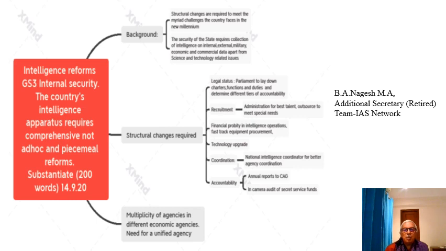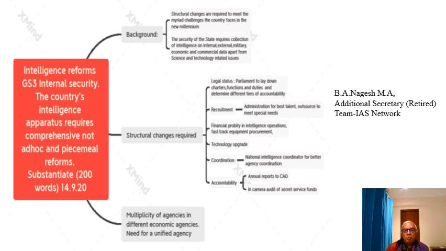Then what else is there? What other factor is to be elaborated in the answer? The security of the state requires collection of intelligence on internal, external, military, economic and commercial data, apart from science and technology related issues. So this is the gamut of intelligence gathering.